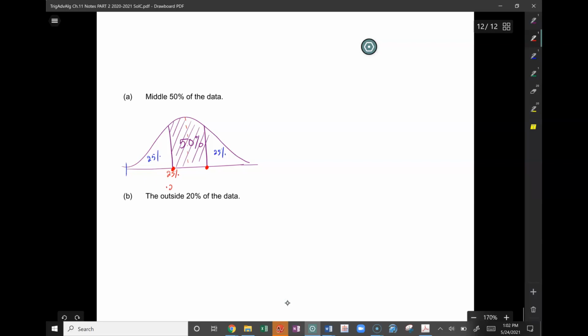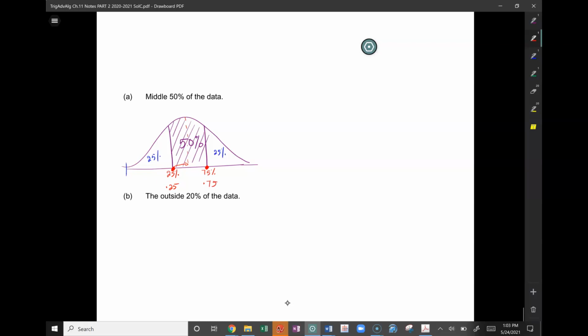Which is 0.25 in decimals, right? Now, from the 25%, if I move further to the right an additional 50%, by the time I'm at the second red dot, how many percent is that? 75%, which is 0.75.